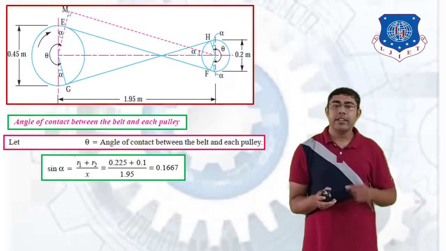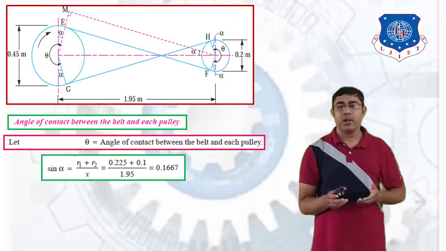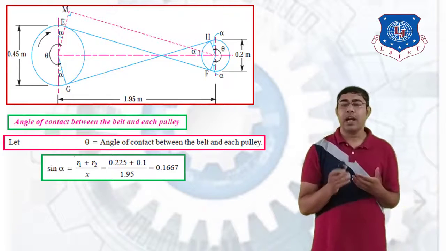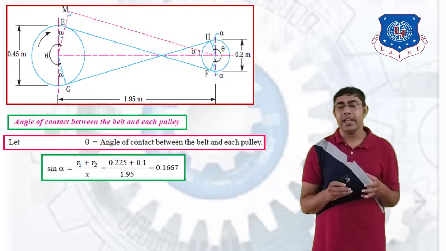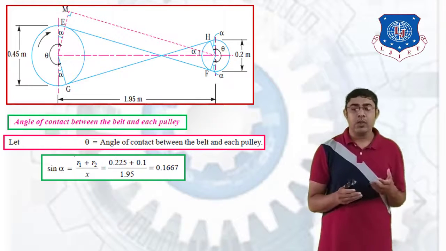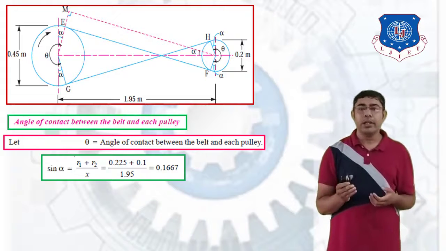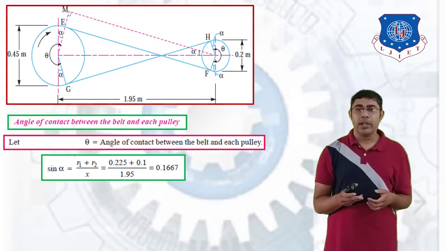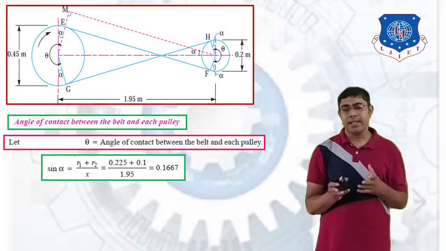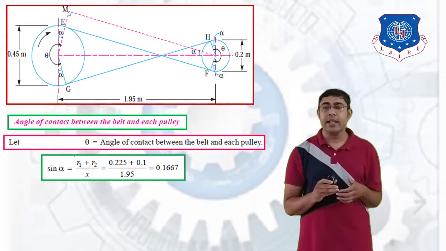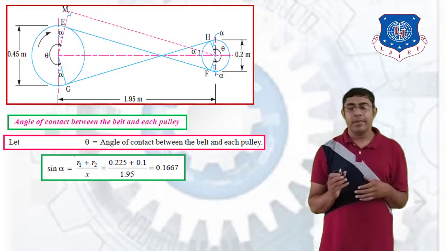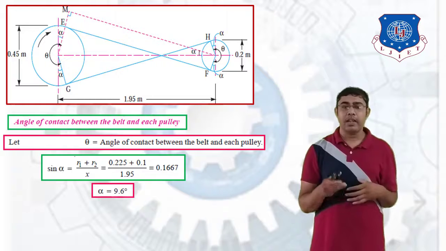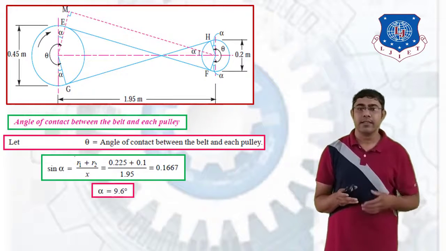To calculate theta we first calculate alpha, and we know sin alpha is equal to (r1 plus r2) divided by x for the cross belt. So r1 is 0.225, r2 is 0.1 and x is 1.95. By placing all these values we get sin alpha equal to 0.1667, and from this equation we calculate alpha equal to 9.6 degrees.